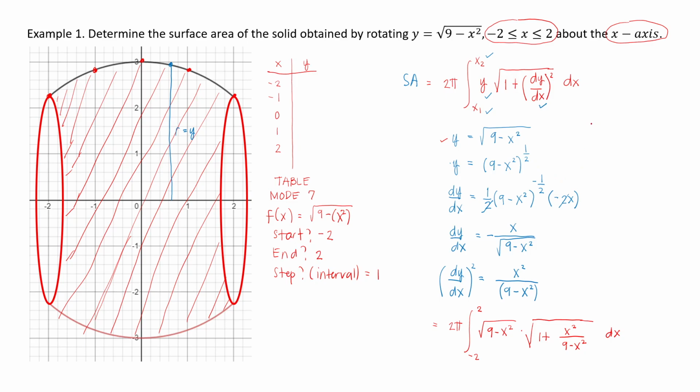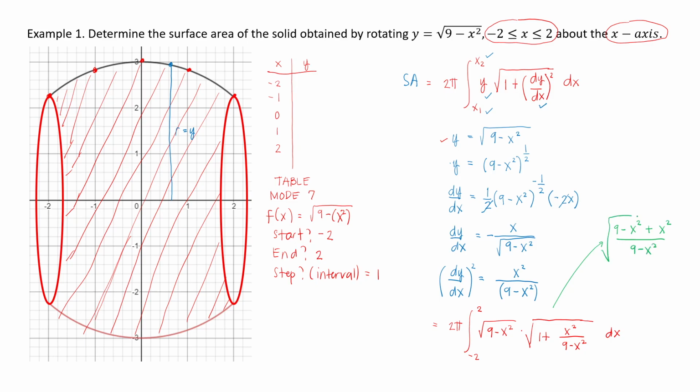So all you have to do is to expand first what's inside the right radical expression. So if I'm going to simplify this one, this becomes 9 minus x squared plus x squared all over 9 minus x squared.